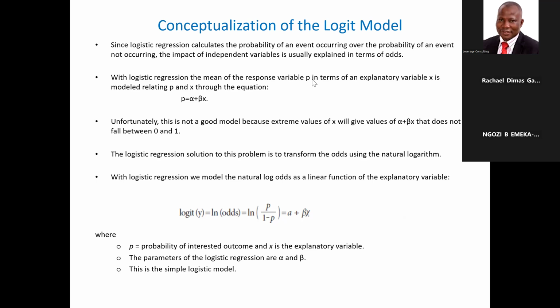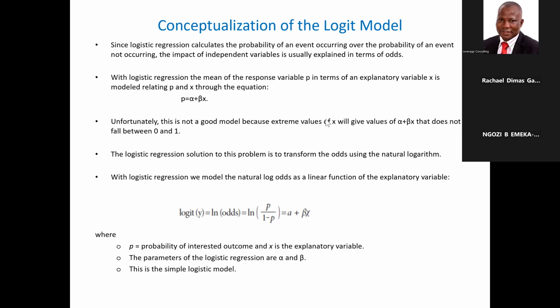It's the same thing. Here it is P instead of y, because what you are modeling is the proportion that has the attribute, equal to a, which is alpha, this constant, plus bx. The same regression equation, but in a different way.